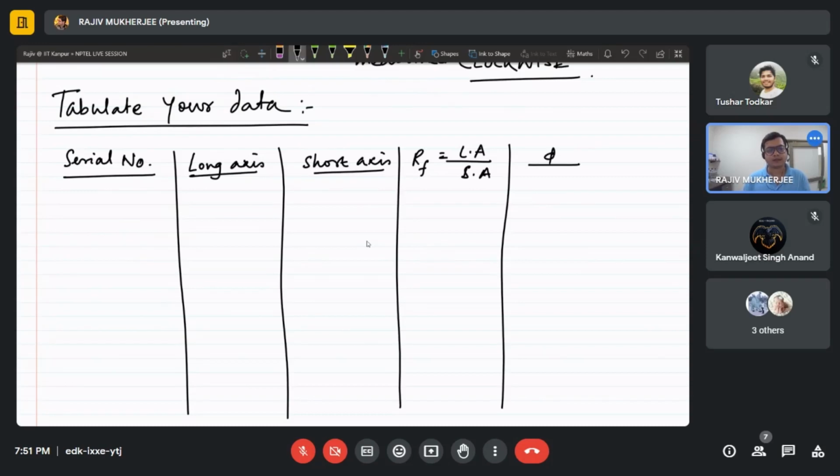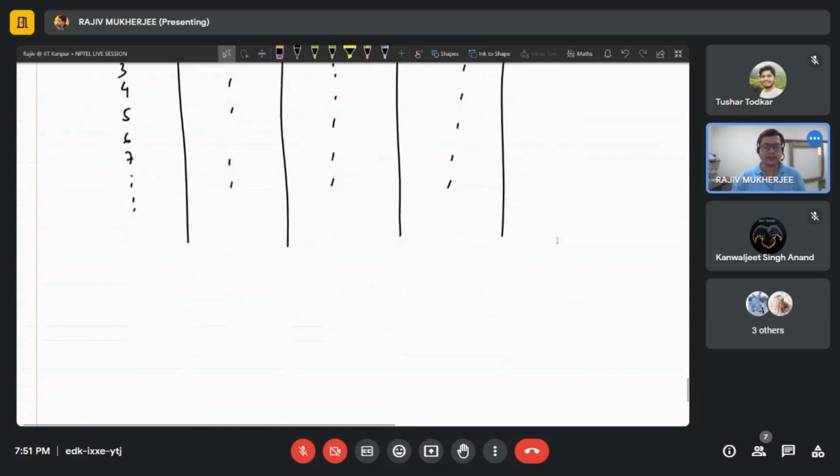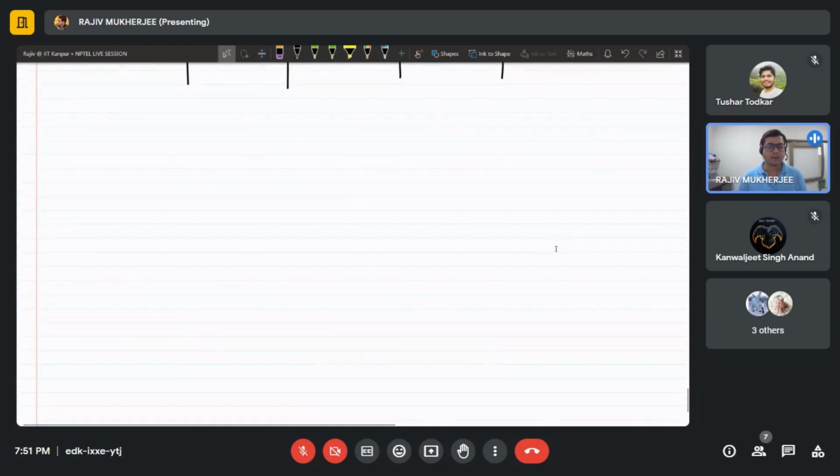So once all this tabulation is done for all these individual markers, we plot the data RF versus phi.